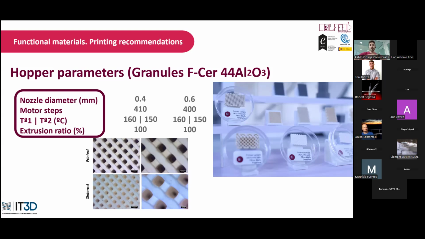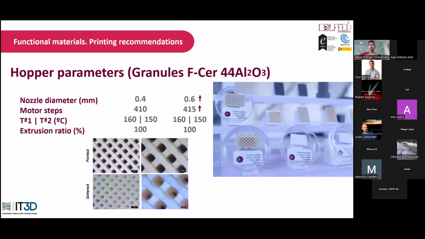With all of this, in this example, we have the printed granules of alumina component with different nozzles.